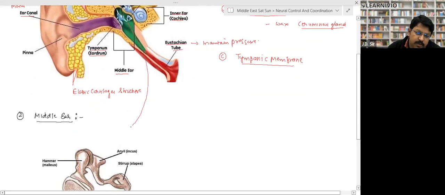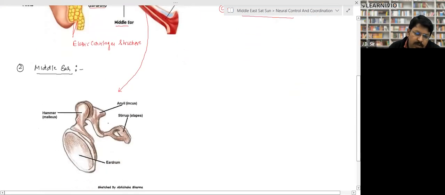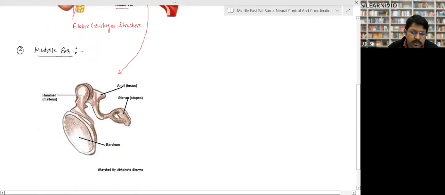If we zoom this diagram, it will look like this, right? This part is called the eardrum, which means the tympanic membrane. From the tympanic membrane, a bone is attached over here. This bone is a hammer-like structure called the malleus. So the first bone is the malleus.